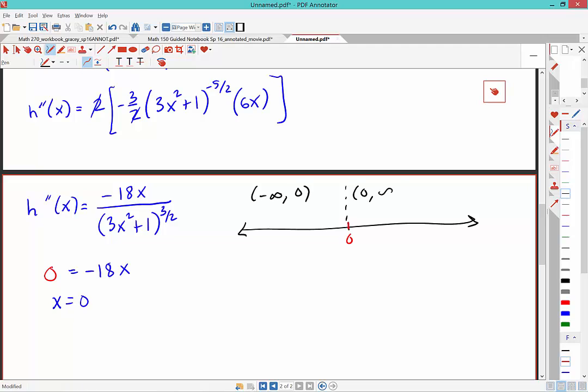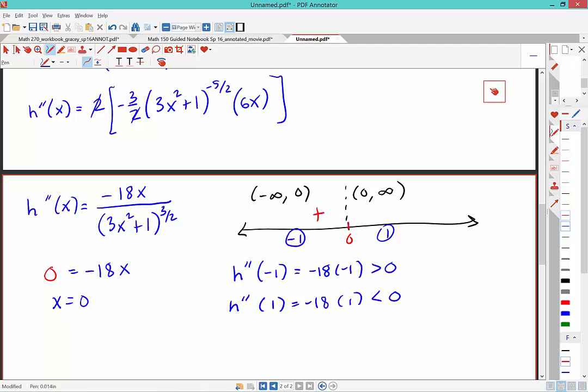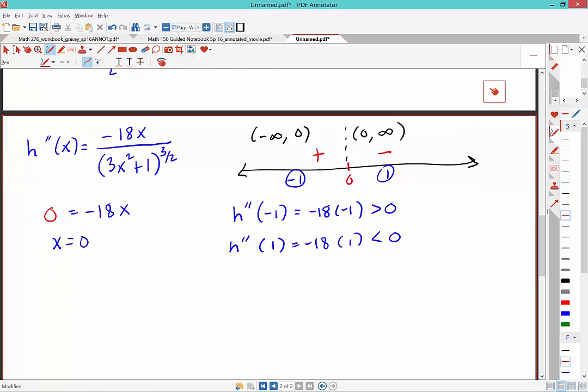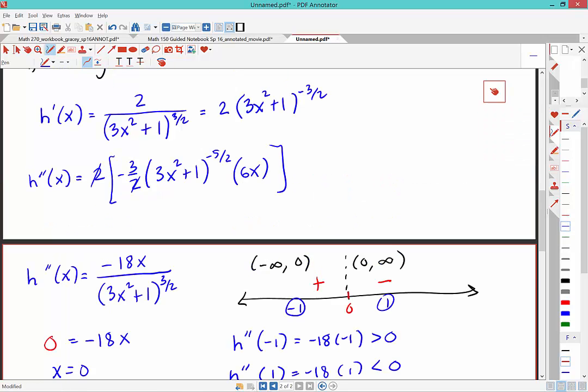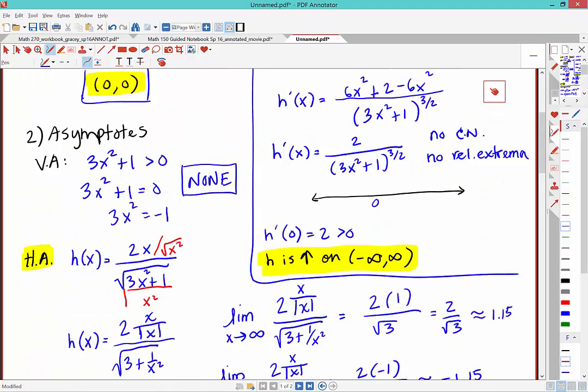So this one looked like a much harder problem, but it's not as bad as that first monster. So let's see, h double prime, why don't we do negative 1 and 1 as test values? So h double prime at negative 1 is going to be negative 18 times negative 1, which is greater than 0. And then h double prime at positive 1 is negative 18 times positive 1, which is less than 0. So there will be a point of inflection at 0, remember, at the origin.